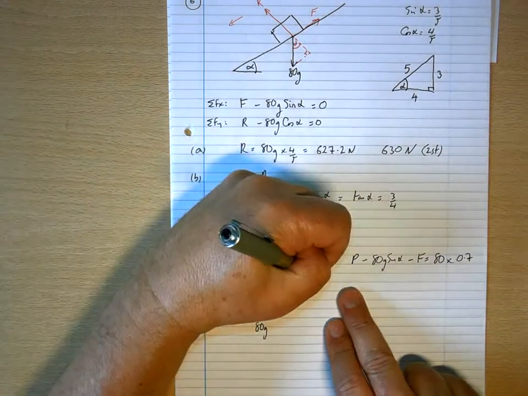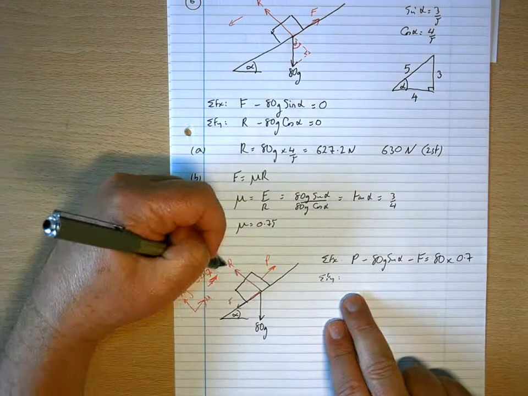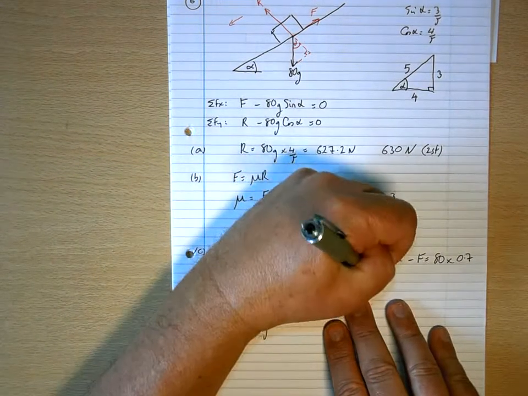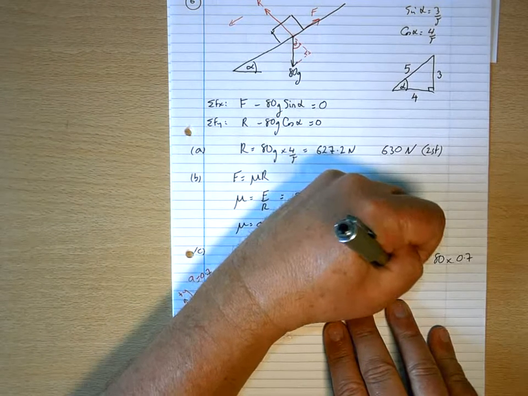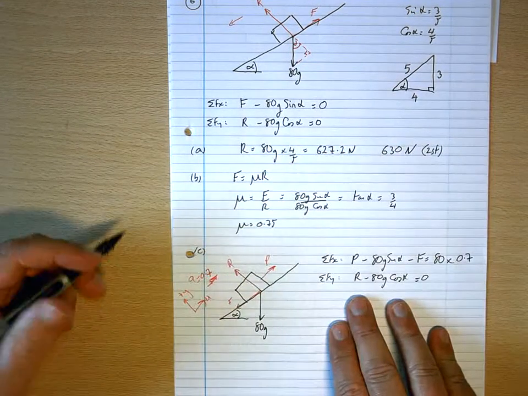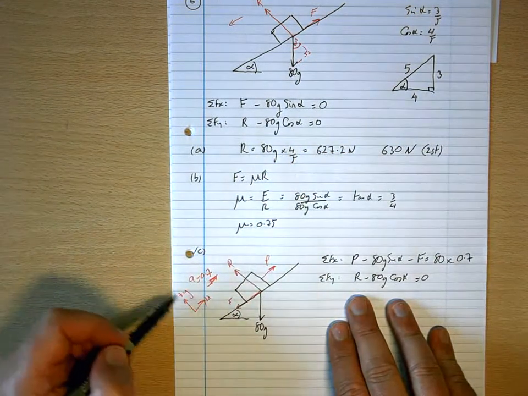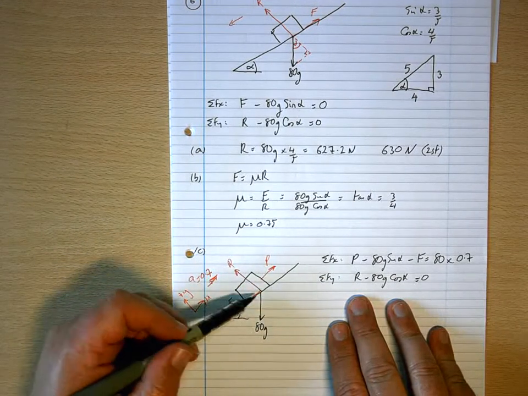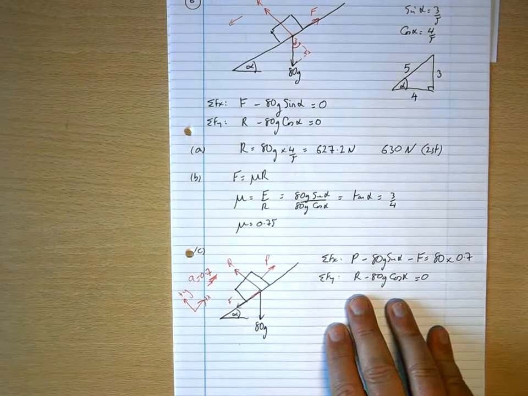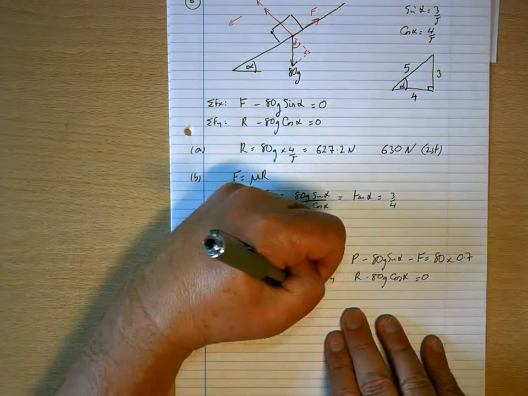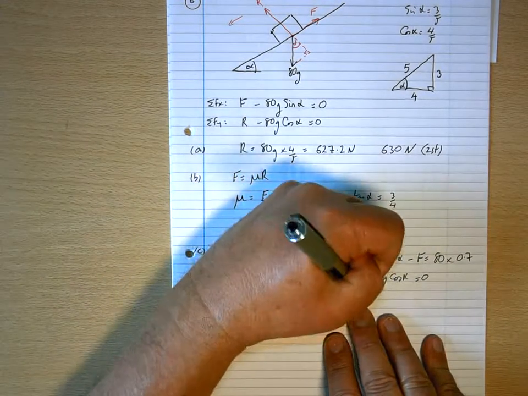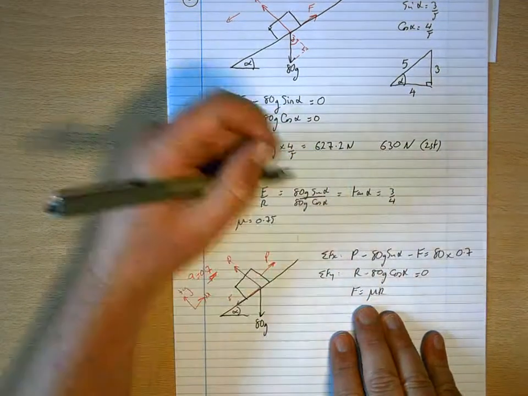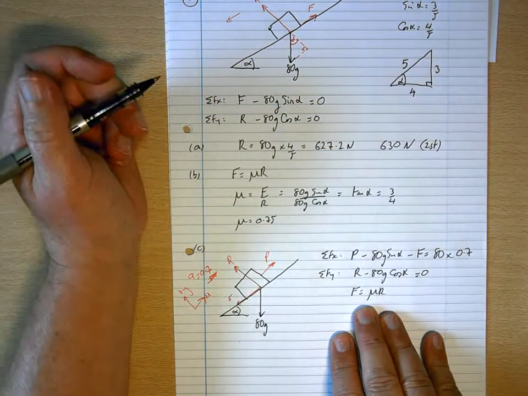My y forces will be R minus 80g cos alpha equals 0. The only ones acting perpendicular to the plane are the normal reaction and the perpendicular component of the weight. And of course we know that F equals mu R, where mu is 0.75.